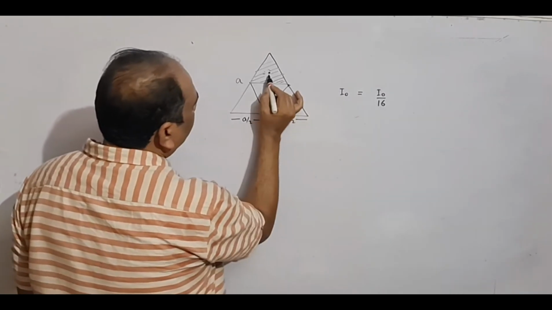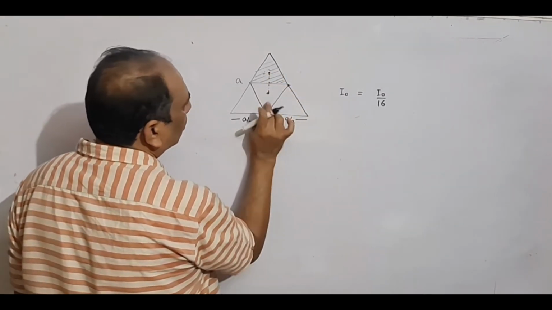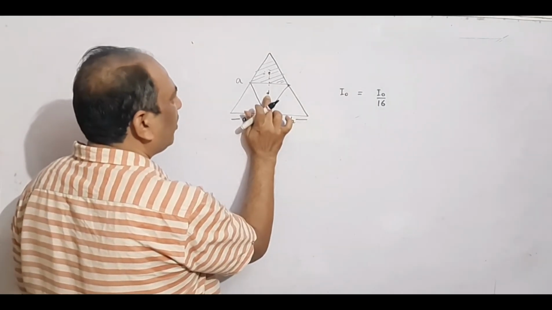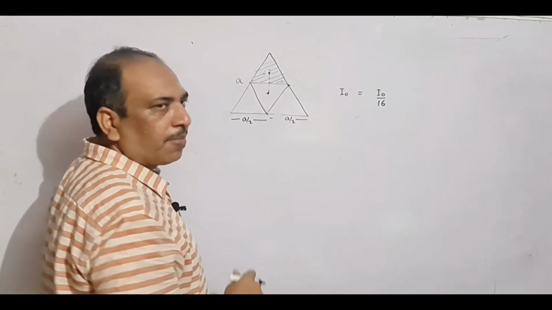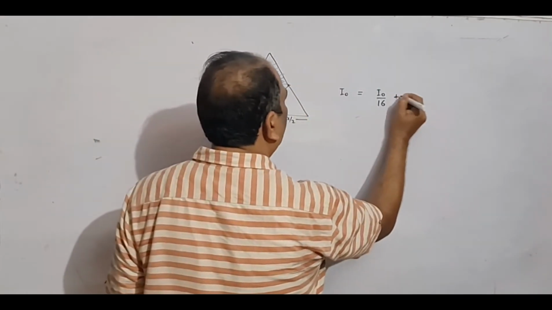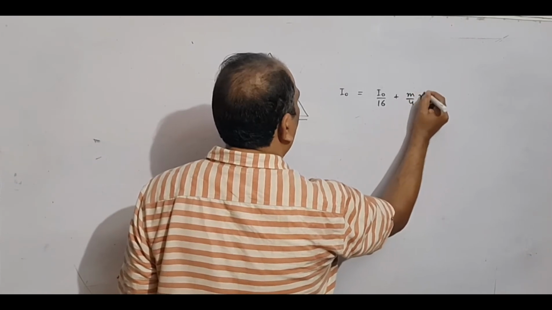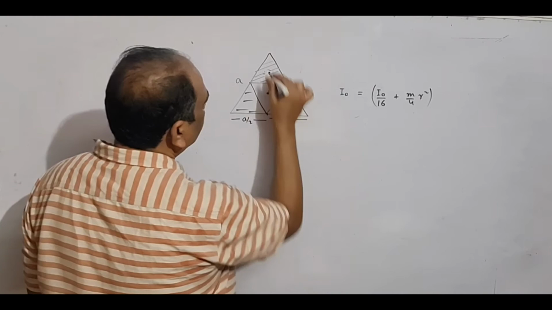And then we have to shift our axis from this position to this position, because we have to find the moment of inertia of each subpart about this axis only, and then add. Suppose this distance is r, then we have to add m by 4 into r square, and we have to do this for all these three triangles.